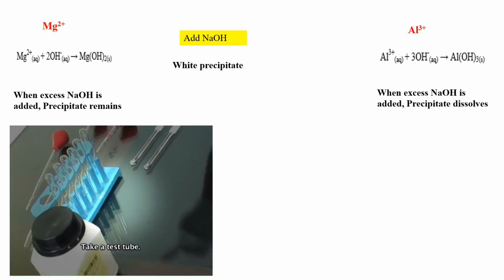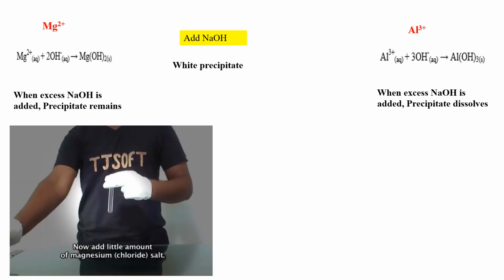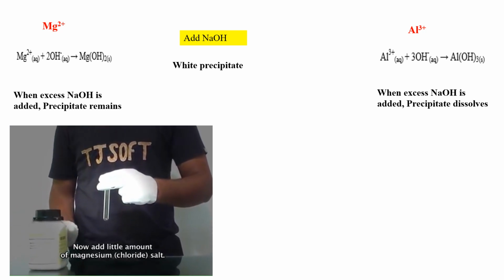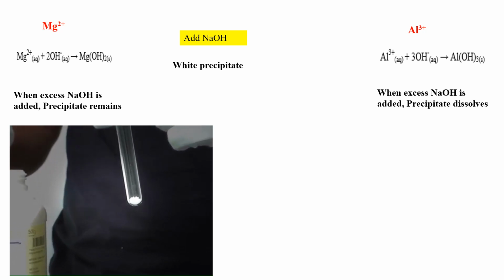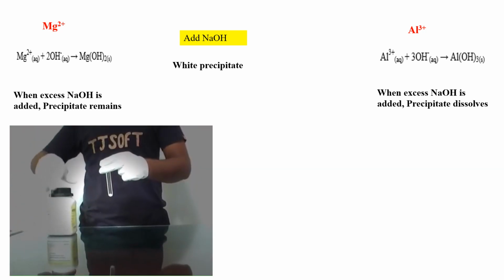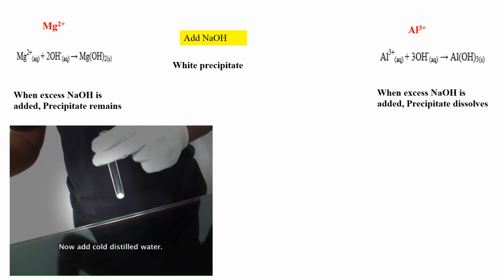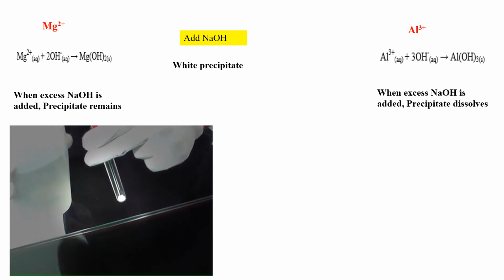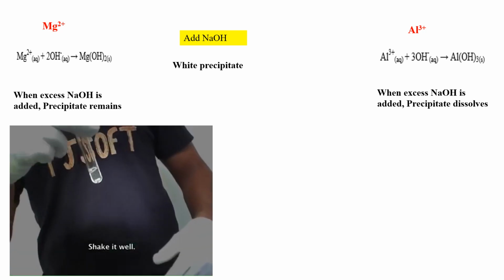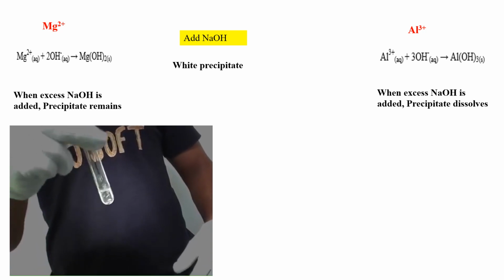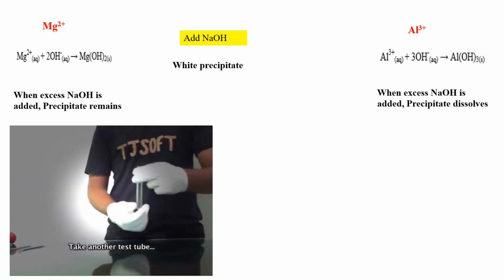Take a test tube. Now add a little amount of magnesium salt. Now add cold distilled water. Shake it well. This solution is called the original solution. Take another test tube.